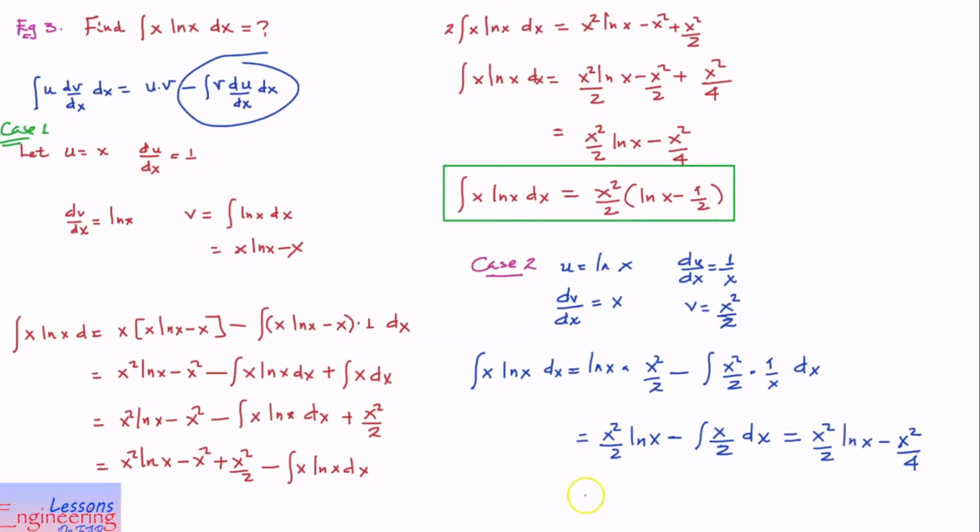So this equals, if we take a common factor, x squared over 2 times ln x minus 1 over 2. Okay, so we're saying that this is equal to the integral of x ln x dx.